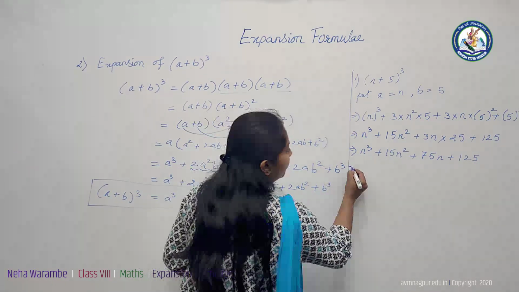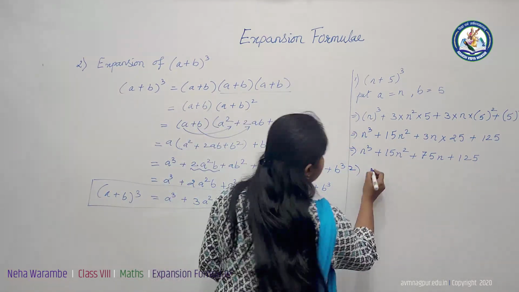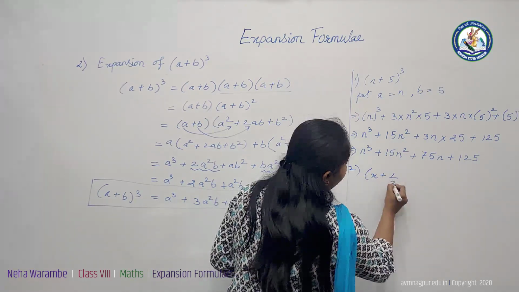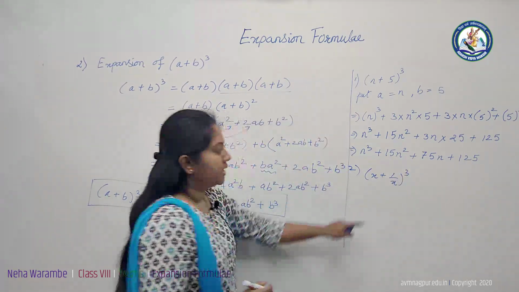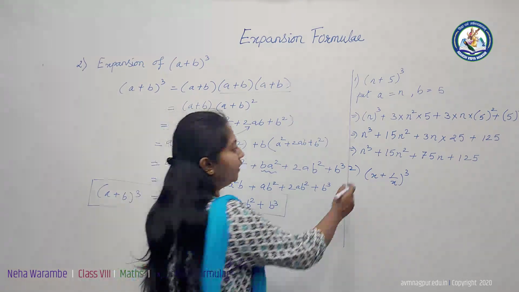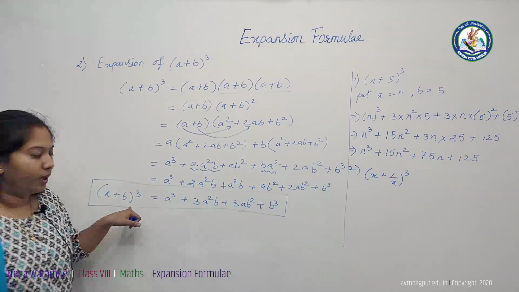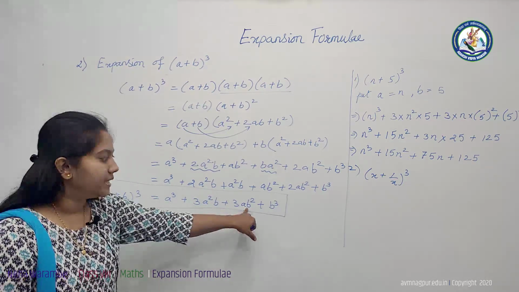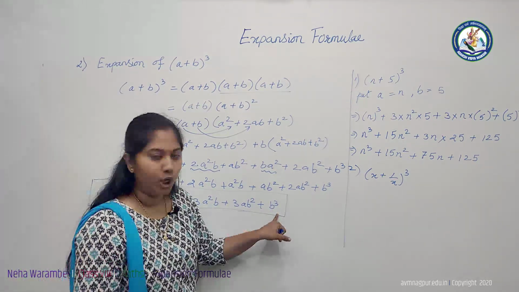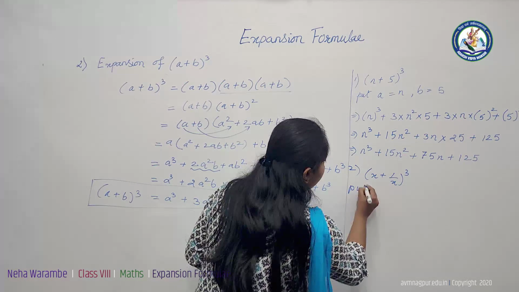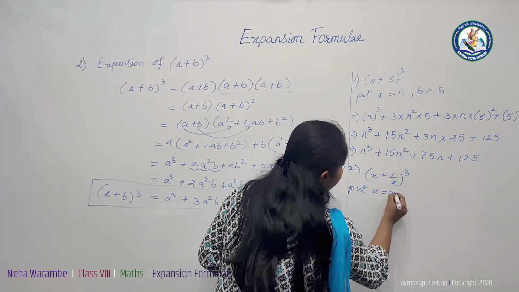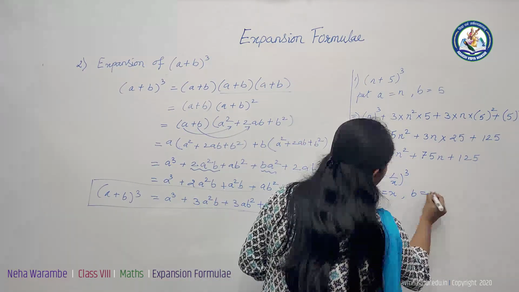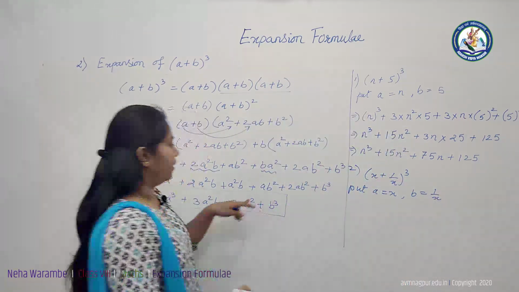Let's take one more example, that is (x + 1/x) whole cube. Similarly, we know the formula (a + b)^3 = a^3 + 3a^2 b + 3ab^2 + b^3. Now put a equal to x and b equal to 1/x in this formula.